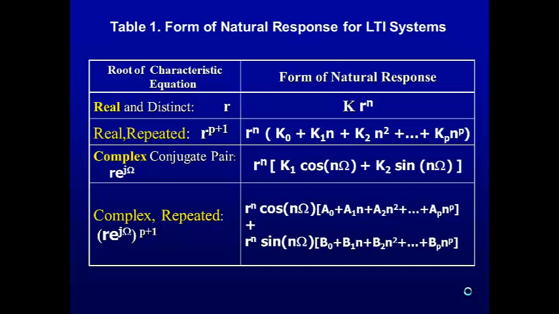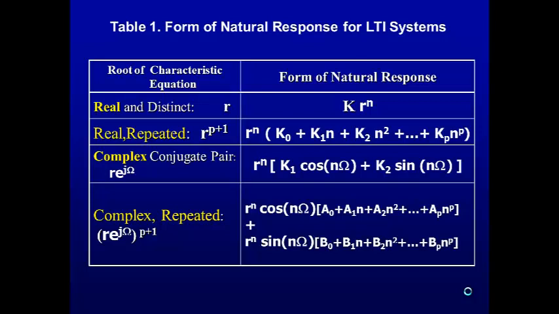So I look up real roots, and it says my natural response has this form, some unknown k times the root I got raised to the n power. So the zero input response has a piece of the natural response, not the whole thing, with form k times minus 1/2 to the n.